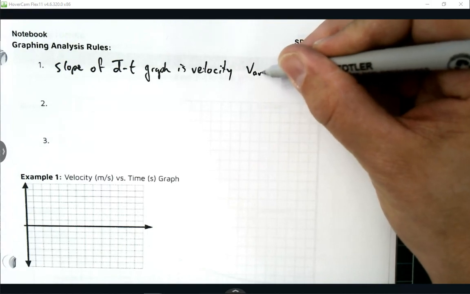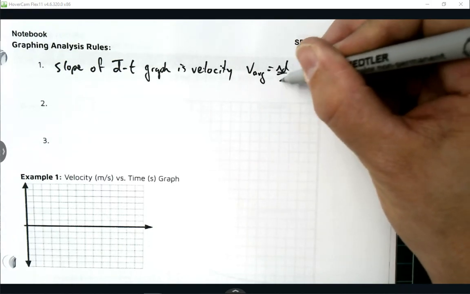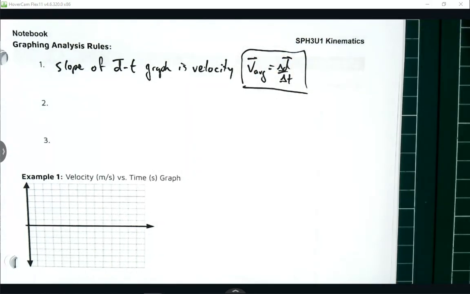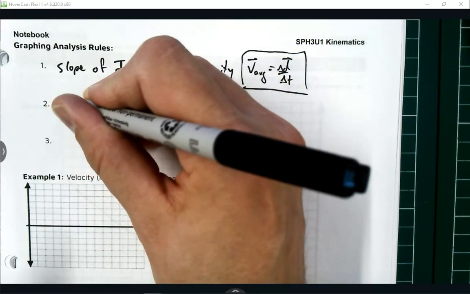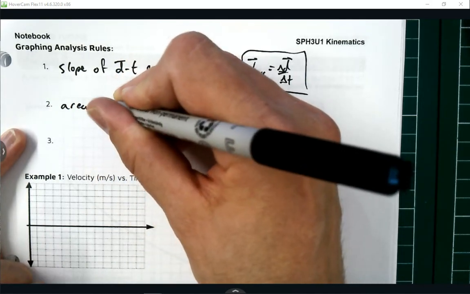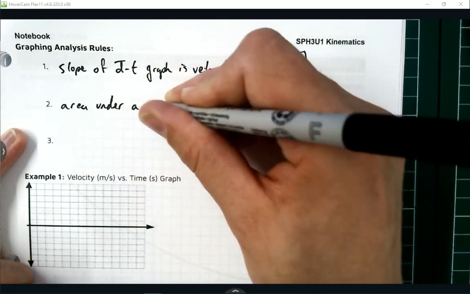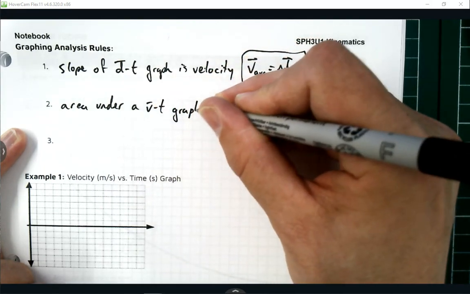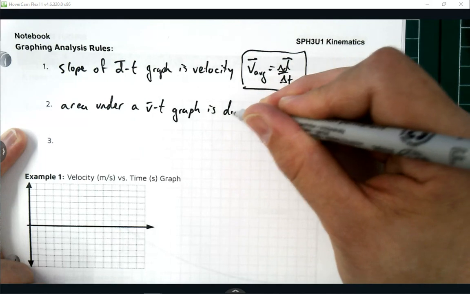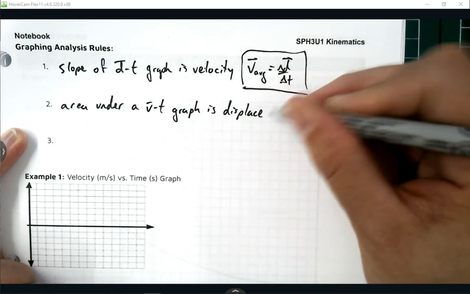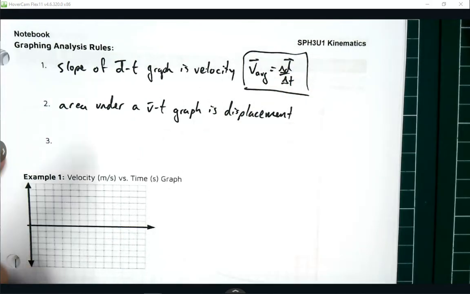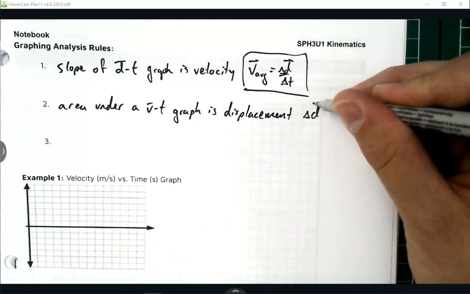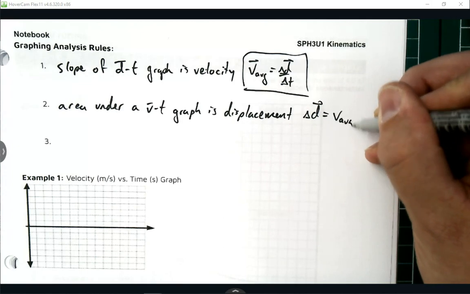We say V average is equal to delta D over delta T. The area under a VT graph is displacement. And it might get more complicated than this, but our first evidence is that displacement is equal to V average times delta T.